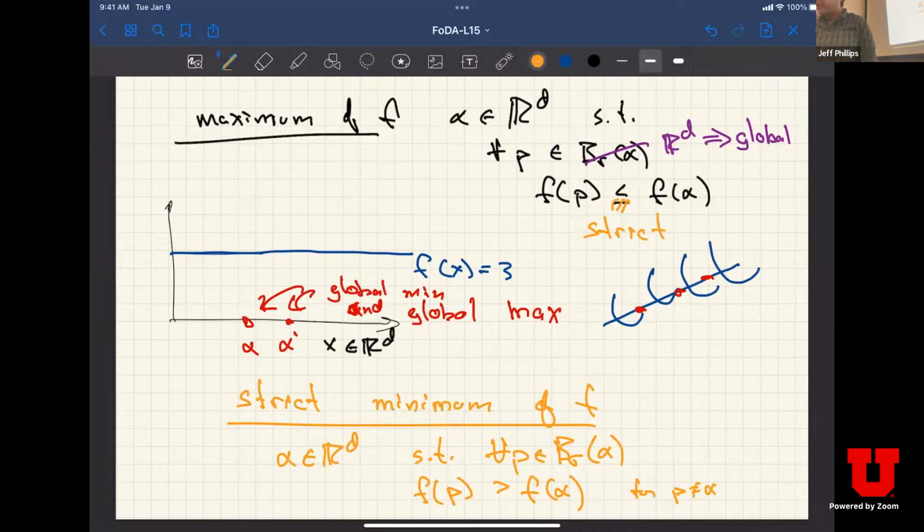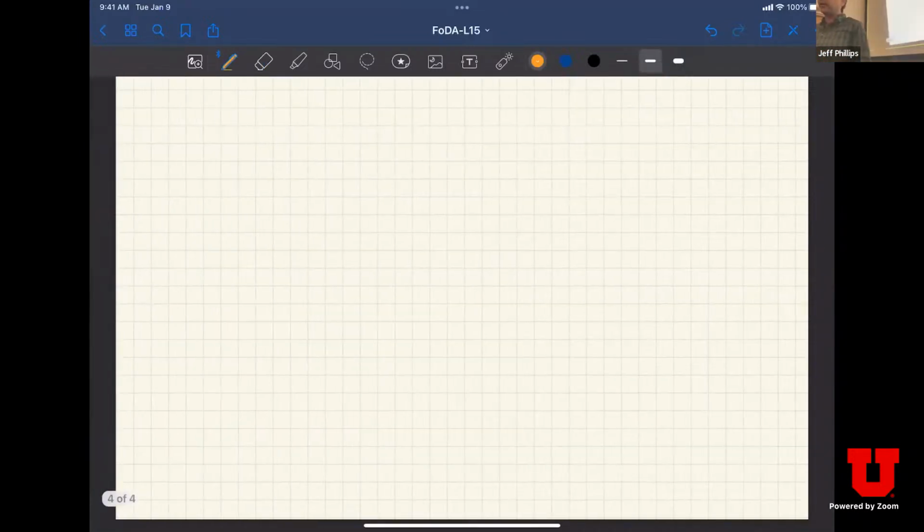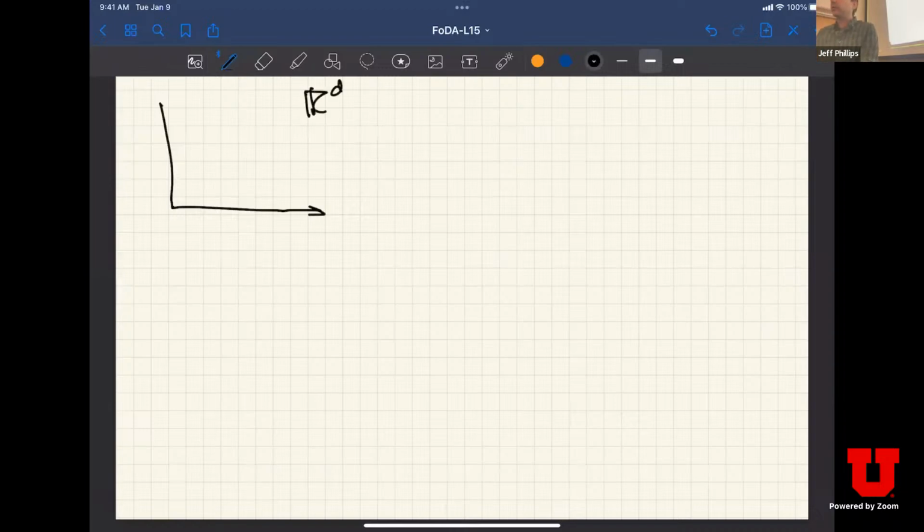All right, so there's another way of viewing this that I like to think about a little bit. Again, those pictures are in one dimension, but we'd like to think about this in higher dimensions. And what does this look like?